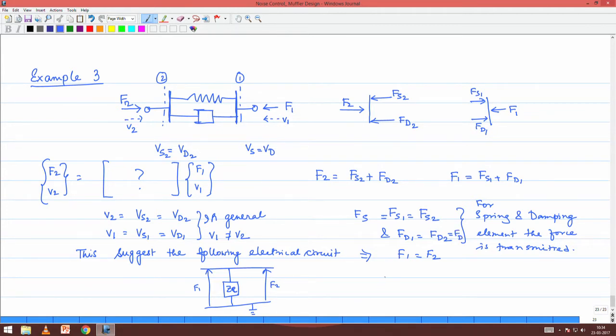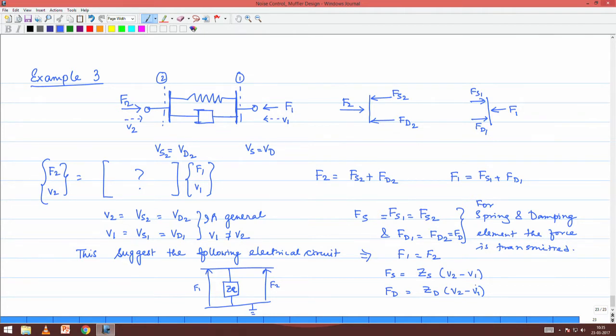We already know that Fs is equal to Zs times V2 minus V1, right, delta V. We also know that Fd is Zd times V2 minus V1. Remember V2 and V1 are same for both the spring element as well as damping element. So, no need of putting separate subscripts.